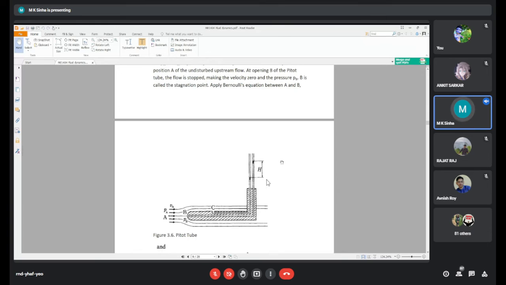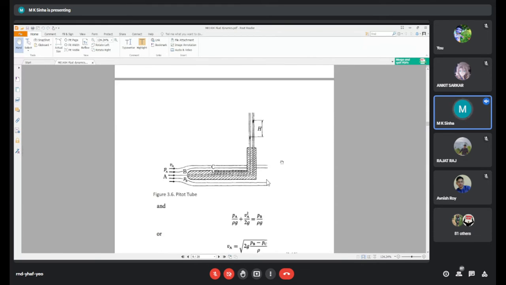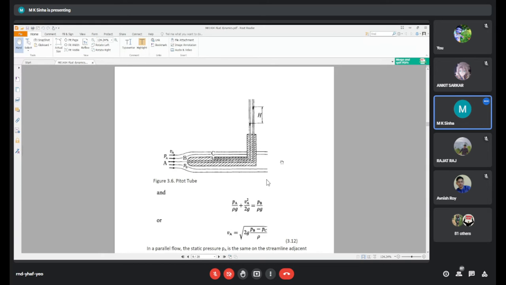So apply the Bernoulli equation between points A and B. Because both are in the same streamline, AB in the same line, the potential head remains the same, so we have eliminated it.